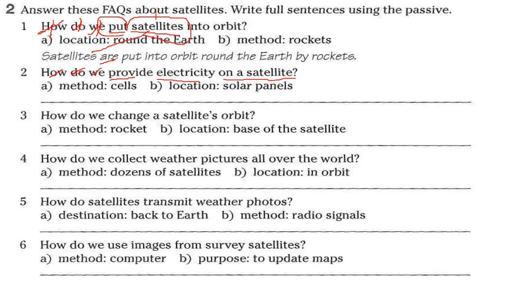Location, where? Solar panels. So to change into passive, we start with the object, electricity, and this is singular, so is, then provided by cells. Method means by, الطريقة, الكيفية. How? By cells, on the solar panels.